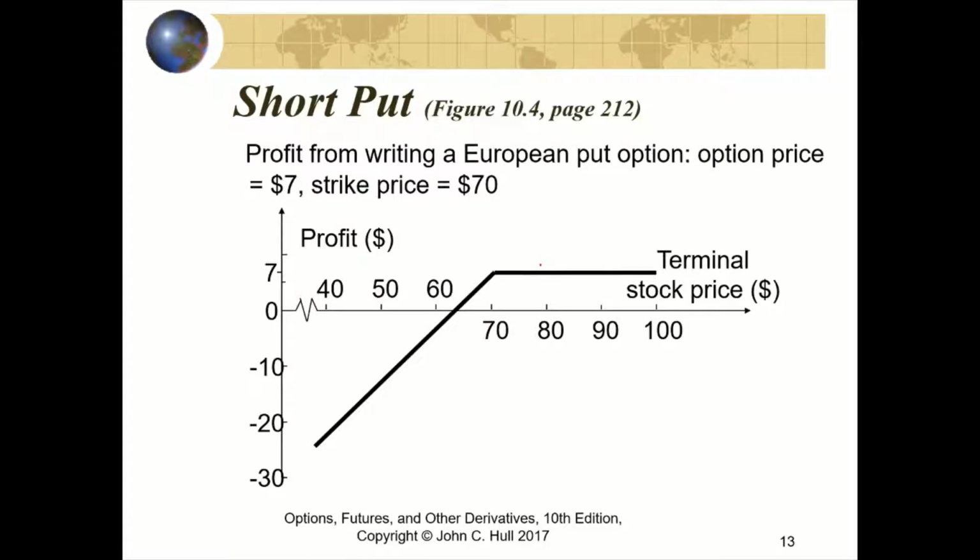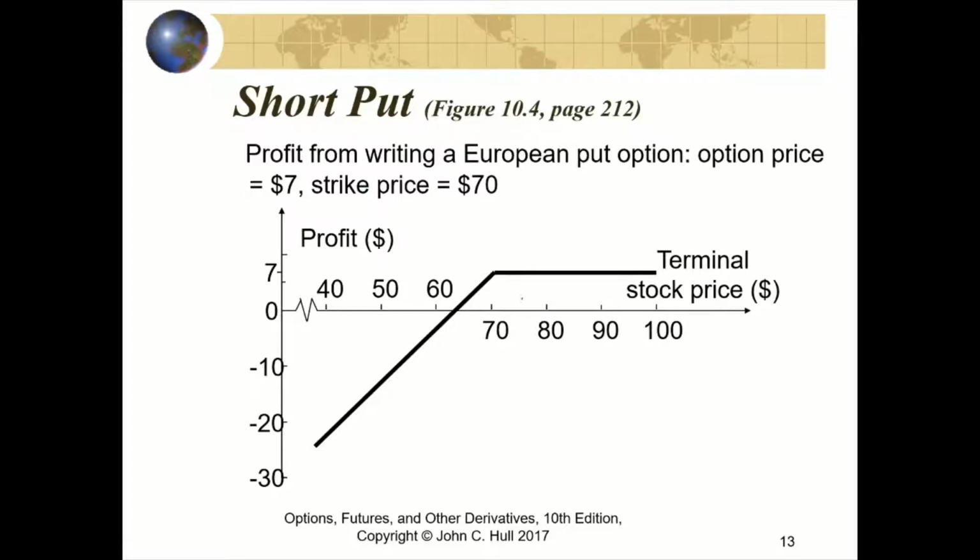Why? Remember, the put option holder has the right to sell, which means the short investor will buy. He will buy at 70, and then assuming that he has to liquidate his position, he will sell at 50 or sell at 40 to get back his cash. So he will incur a loss.